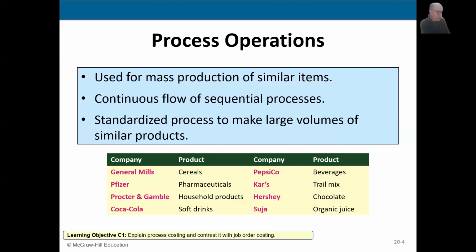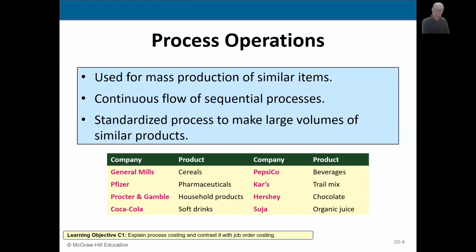What I mean by that is they continuously make the same thing over and over again. For example, General Mills focuses on making cereal. Primarily, they focus on making corn-based flake cereal. Very similar product over and over again. They make millions of boxes of this stuff a year.